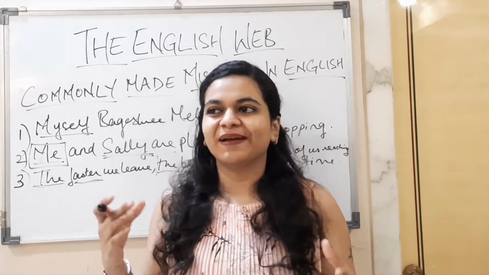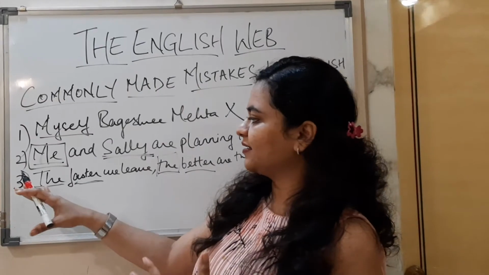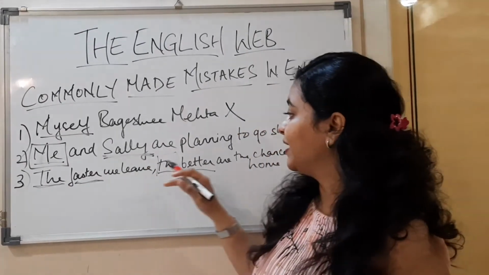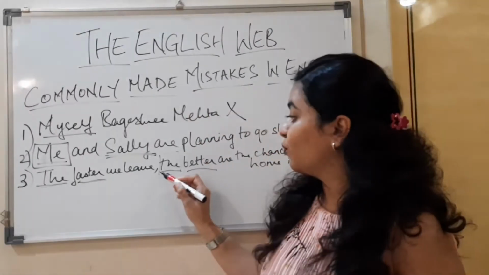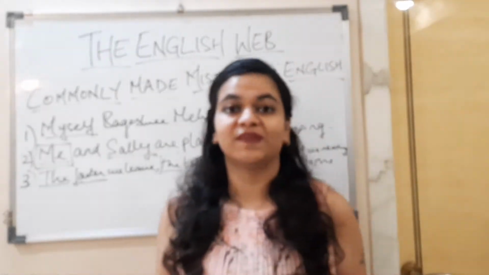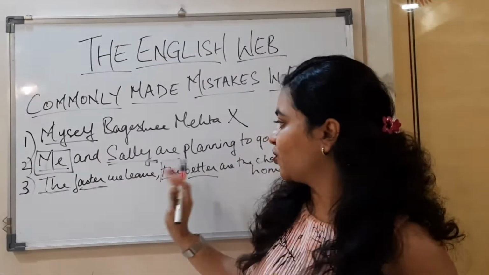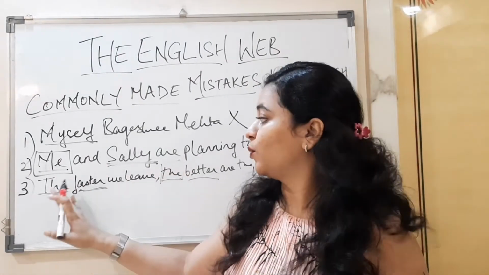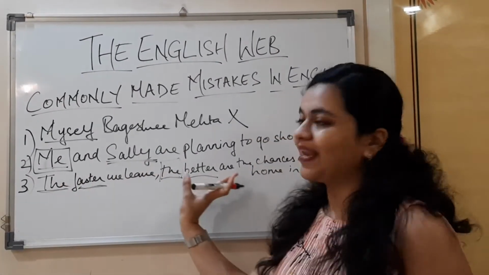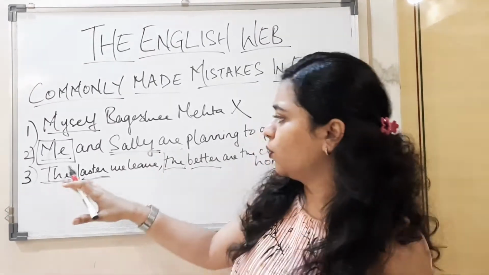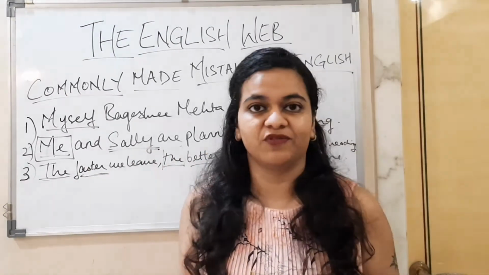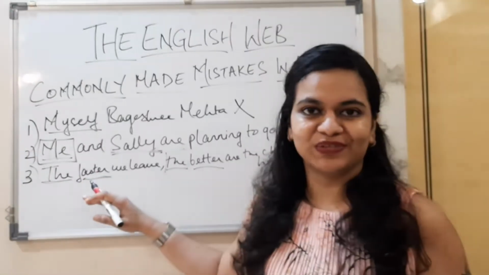A lot of us may think that the sentence which reads like the faster we leave, better are the chances of us reaching home in time is correct. That is incorrect. We miss out on the most of the times. You always ensure that you include the when you are using an analogy like this. The faster we leave, the better it is, or any word that you use in the comparative degree. So make sure you use the.